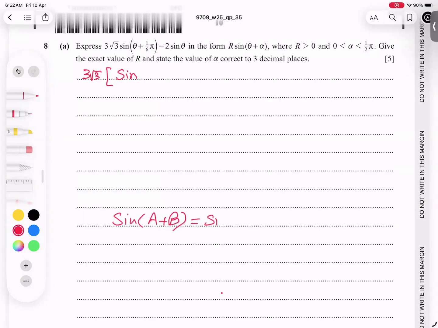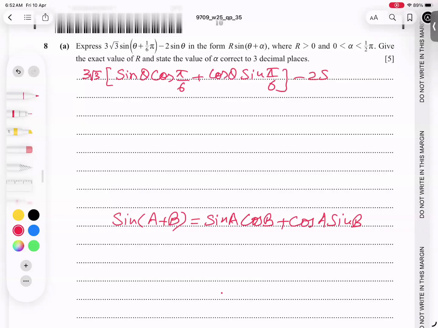Sine A cos B plus cos A sine B. So the same I'm going to apply here: sine theta cos pi by 6 plus cos theta sine pi by 6, then negative 2 sine theta. I hope it's clear.